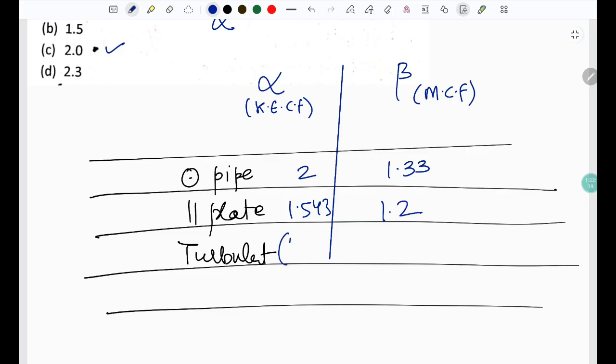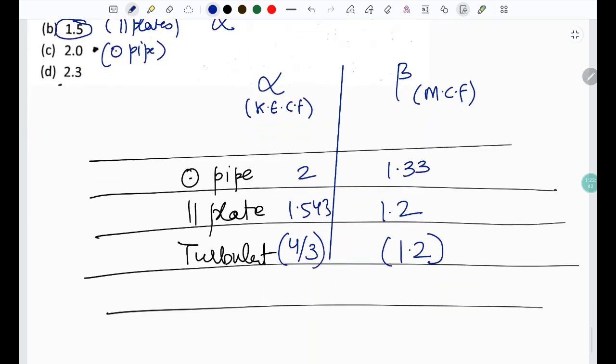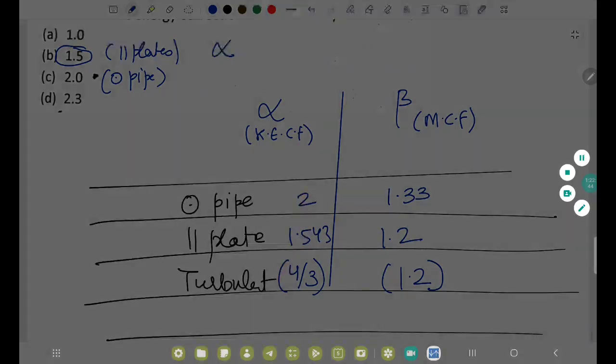For a turbulent flow it is 4 by 3 and beta is 1.2. Therefore in this question where laminar flow was taken, the correct answer would have been 1.543, that is B. This would have been for a circular pipe, and this is for parallel plates. Hence B is the correct answer.